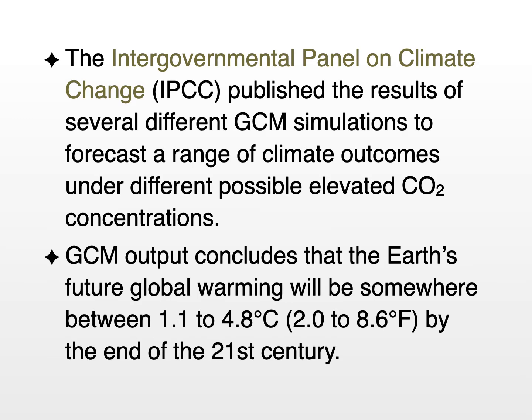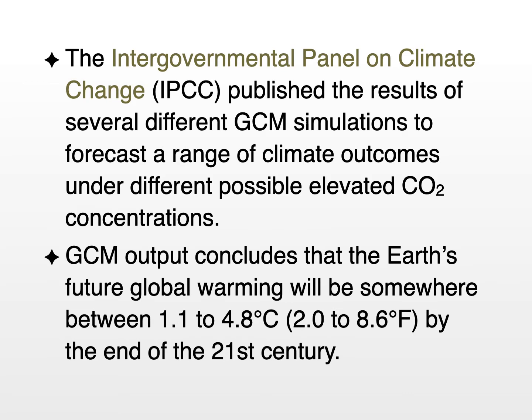One called RCP 2.6, so that's a low rate of emission of the greenhouse gases, carbon dioxide, methane, and nitrous oxide. RCP 4.5, which is the next highest, RCP 6.0, and RCP 8.5. And RCP 8.5 is the worst case scenario in terms of emissions of greenhouse gases into the atmosphere in the future.